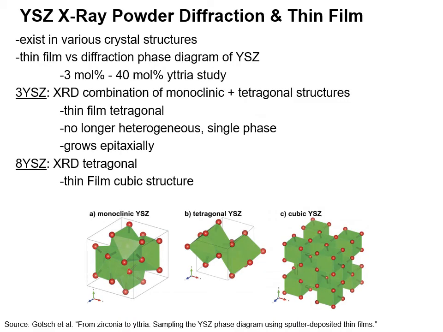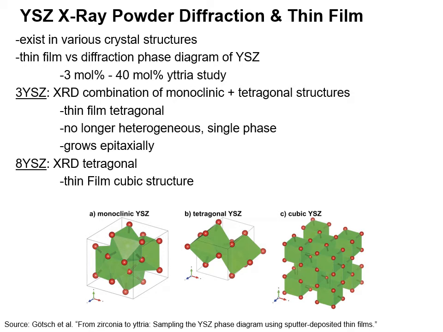Here, in a study that I read, we were able to find out that YSZ exists in various structures. A mole percentage from 3 to 40 was studied, and we were able to see that at 3YSZ there was a thin film tetragonal phase present, but at X-ray diffraction it was a combination of monoclinic and tetragonal.